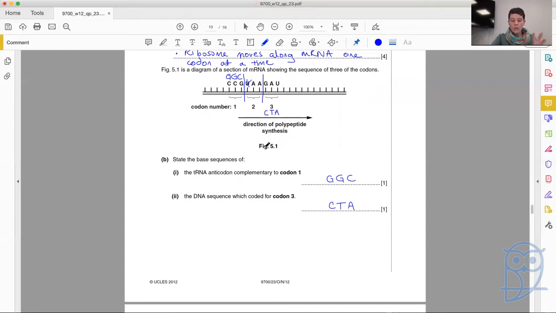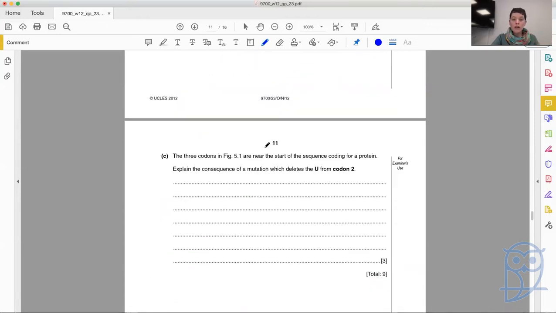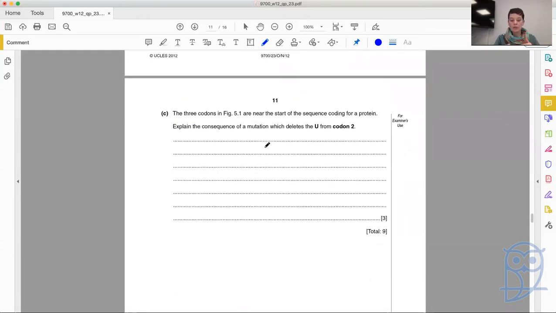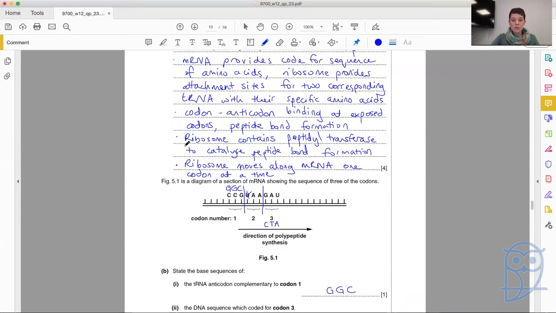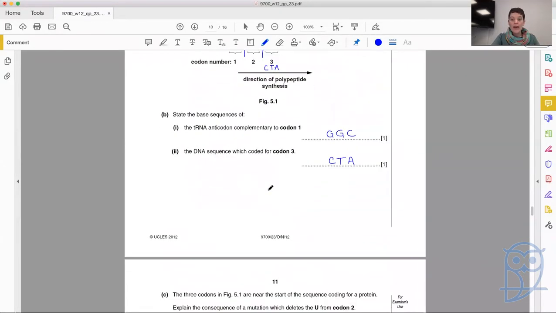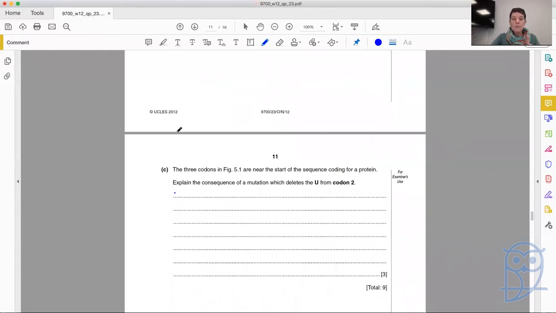So what we need to think about is what would then happen. The consequences, starting from that mutation. Well, first off, we still need 3 to get to an amino acid, so now we'd be going AAG instead of UAA. So the amino acid coded for by codon 2 is changed.